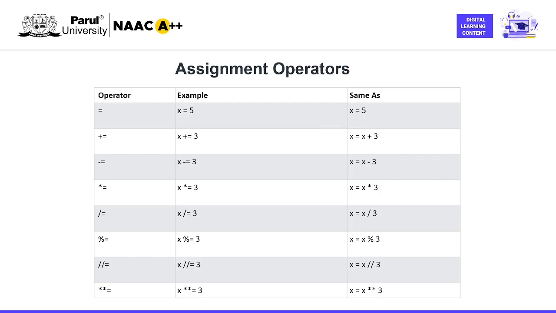It is known as the addition equal to operator. If the operand on the left and right of equal to are the same and the other operator is different, then we use the composite assignment operator. This one is known as the single assignment operator, and these are known as composite assignment operators.